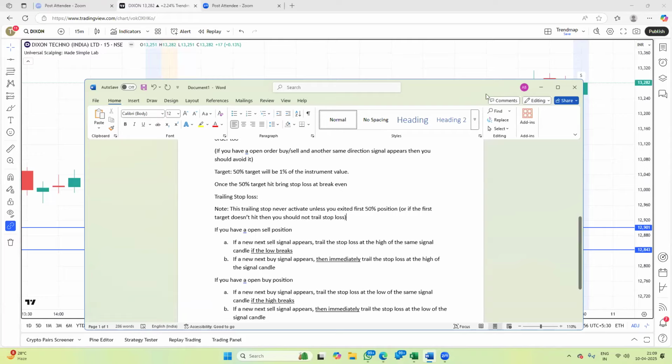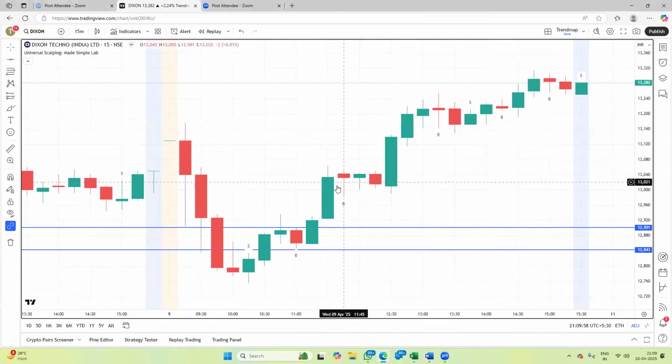Okay. Yes, sir. That means here we can see that in this candle itself, the 50% target at 13,063 was exited, which happened. But suppose it didn't. In that case, you should not try to trail the stop loss if the first target, which is 1%, is not hit.